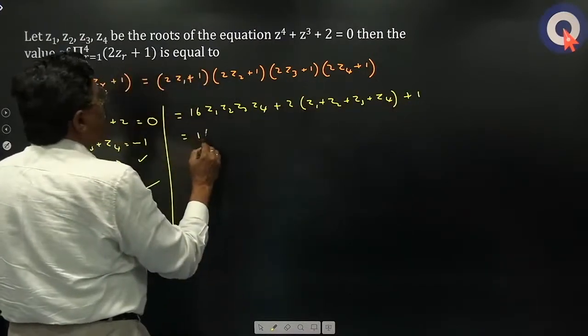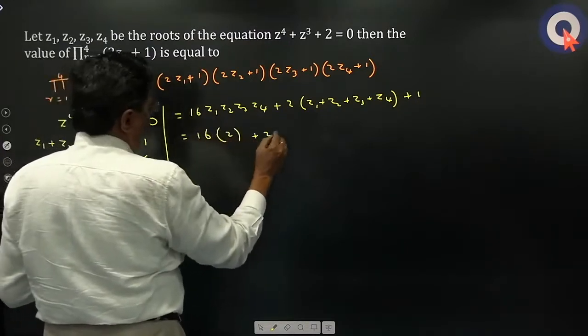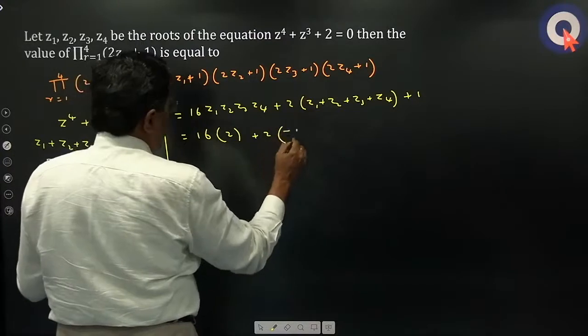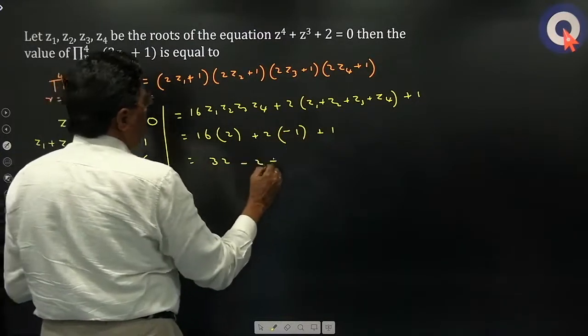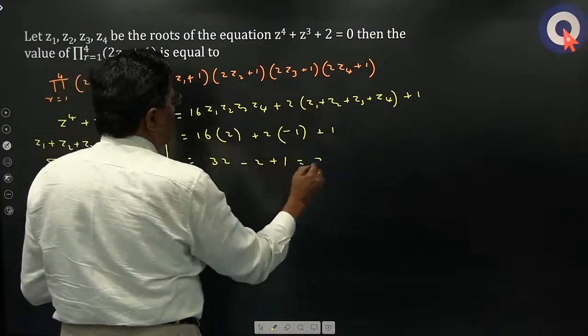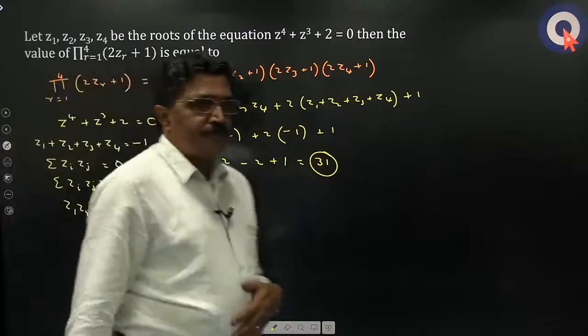So we have 16 into this value, which is 2, plus 2 into the sum of this, which is minus 1, and plus 1. So we have 32 minus 2 plus 1, 30 plus 1, 31. So the required answer is 31. Right?